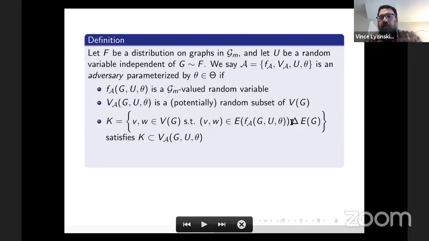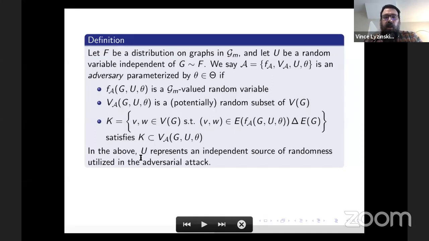So it was an edge that appears in the adversary or in the original graph, not in both. This is the symmetric difference function. This set of vertices that have adjacent edges that have been contaminated, all of these vertices have to fall into VA. So this actually does give us the set of vertices that are contaminated. Okay, and U here represents this independent source of randomness that we can utilize in the adversarial attack.